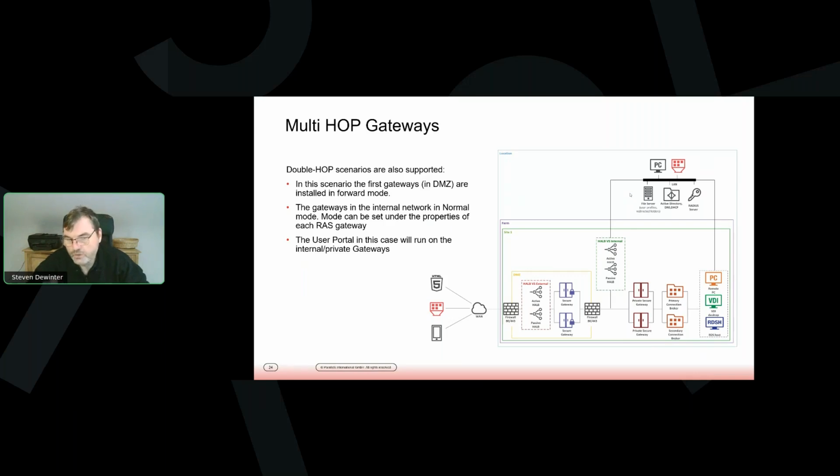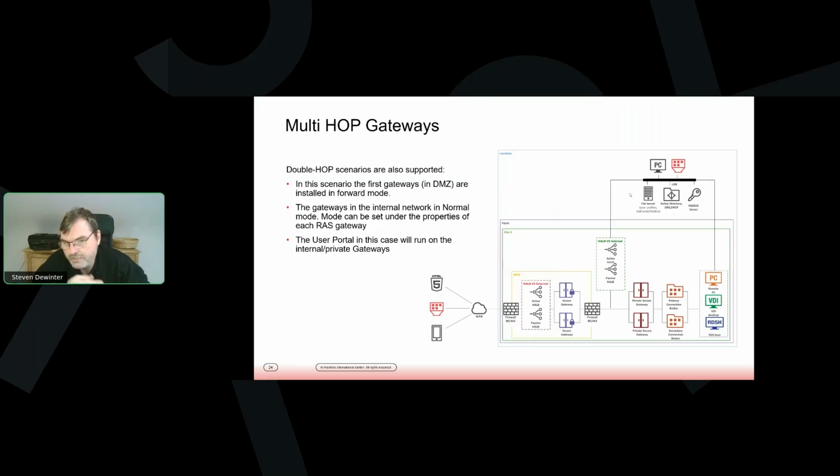And then you could, for example, put that gateway in your DMZ network and then forward from your gateway in your DMZ network to your gateway in your internal network. Only open that one firewall port, and then it's the private secure gateway in the internal network that then will, for example, speak to the connection broker. It's also that one that, for example, will host the web portal. So all the logic is then done on that gateway and that connection broker inside.